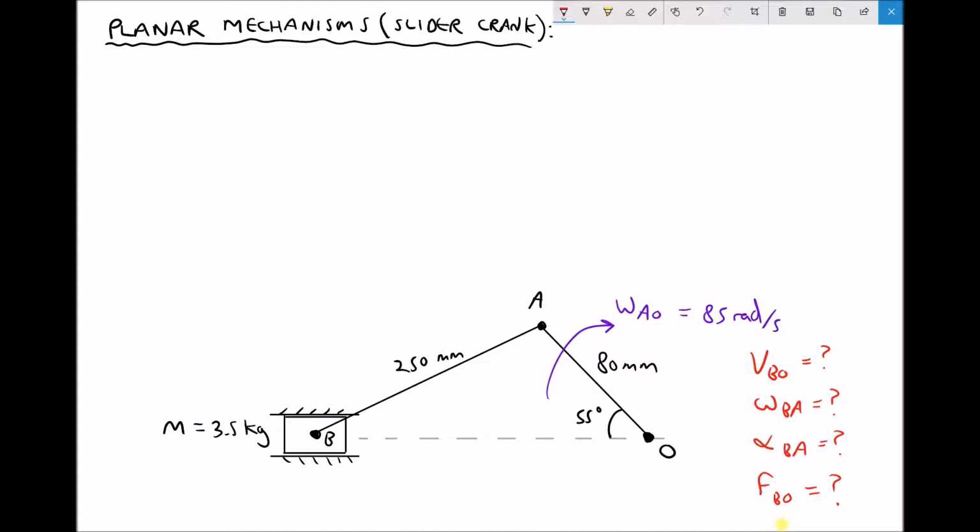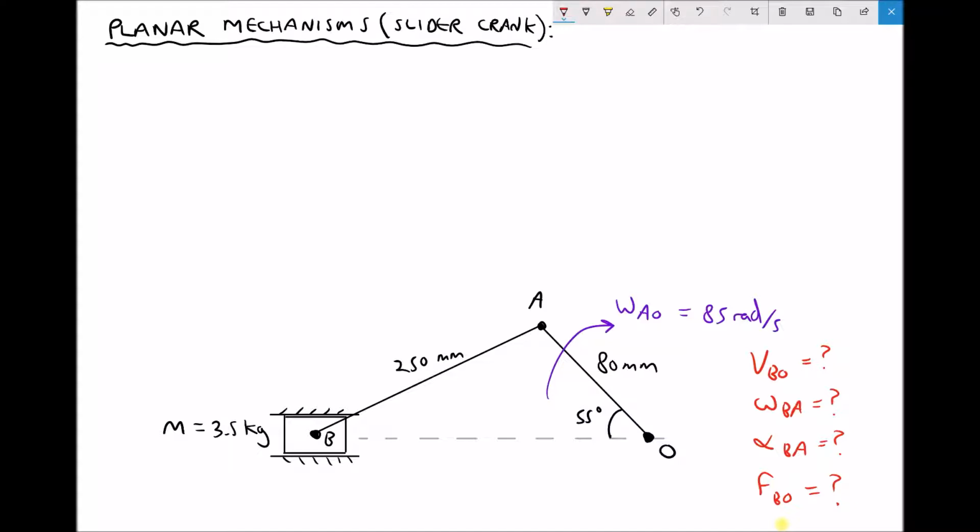Now just to explain some of these terms, VBO means the linear velocity of point B relative to point O. Well, if we refer to our sketch, we can see point B represents the slider, and point O is the origin, or where our movement originates from.